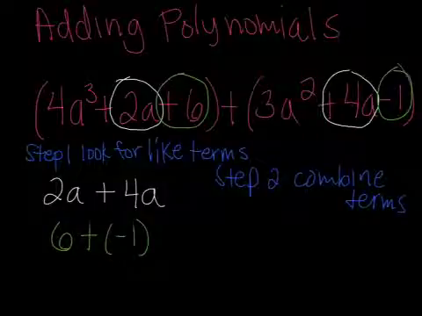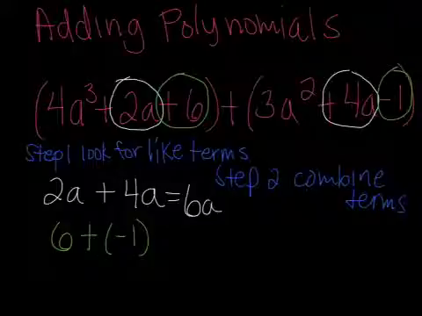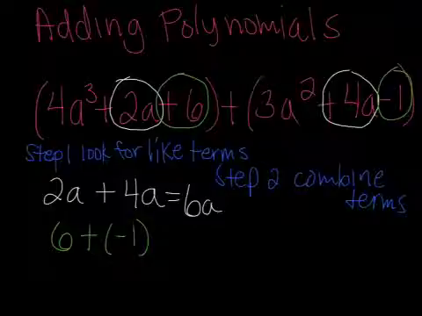So for the top we have 6a, 2 plus 4 is 6, carry our variable. And for the bottom we have 6 plus a negative 1, so that's like 6 minus 1, which gives us 5.